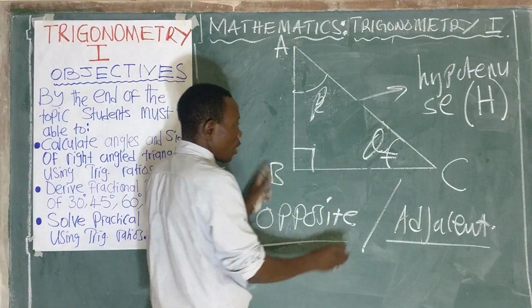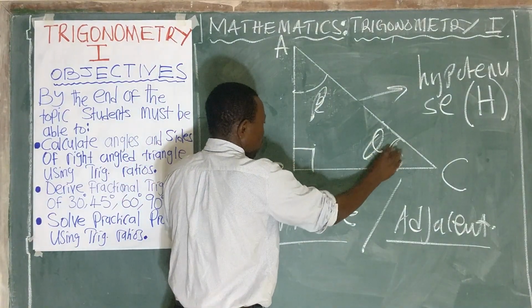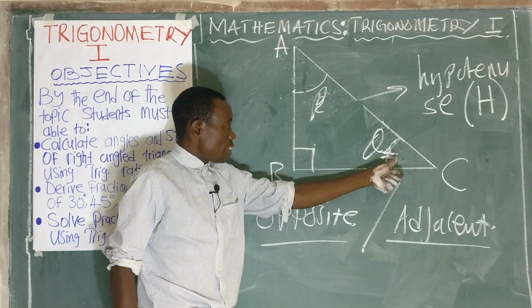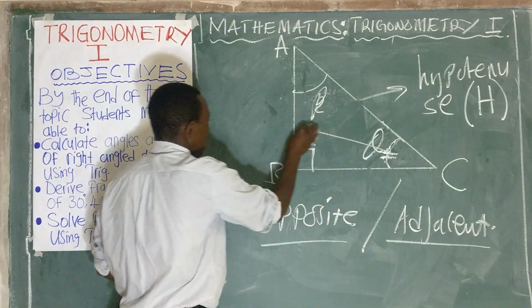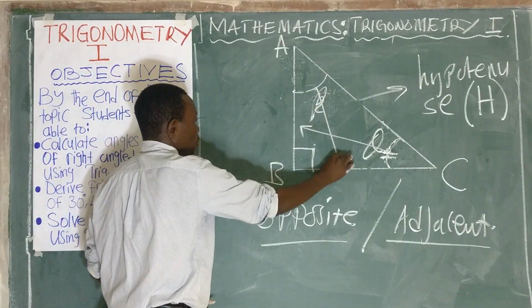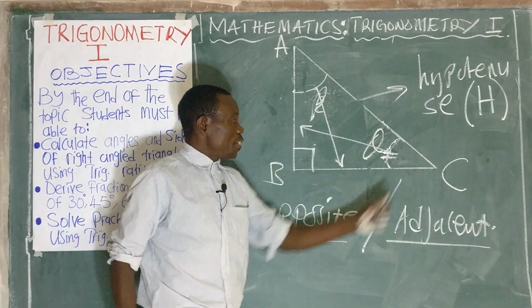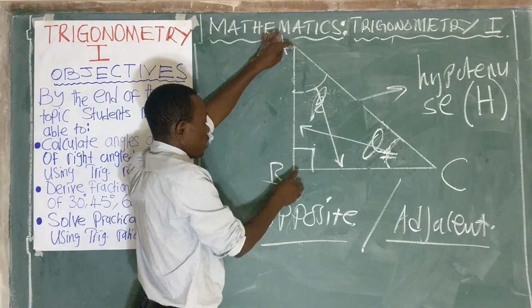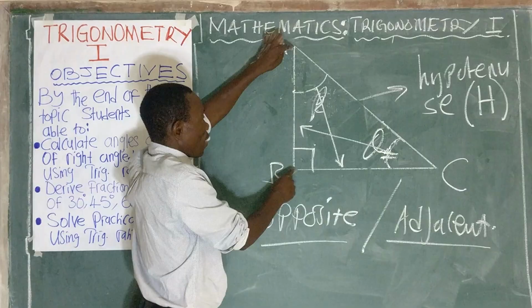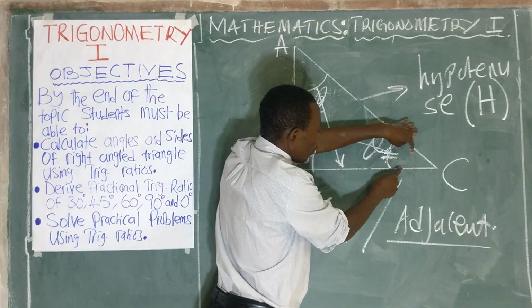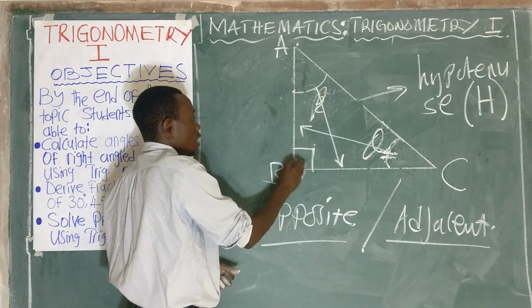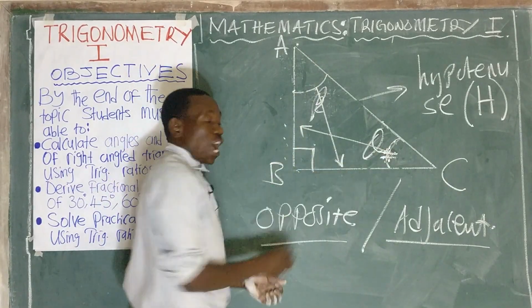Now, if we are interested in this angle, you'll be able to see that this angle is opposite to this side. And this angle beta is opposite to that side, which is BC. It means this side here, AB, out of the two sides, will be defined as the opposite side to angle theta.